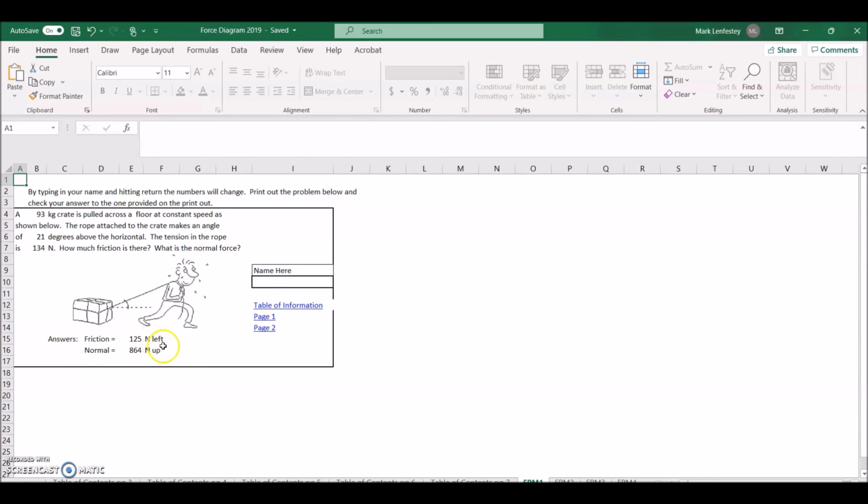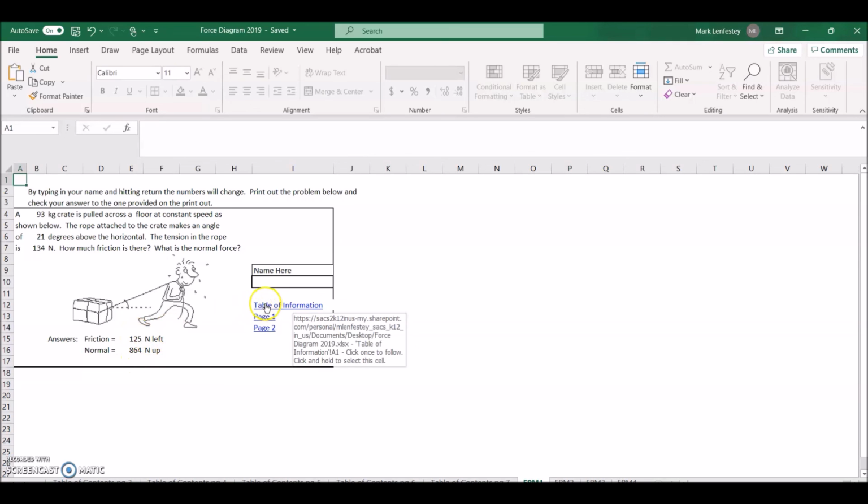I do need to caution you that, although we use 10 for figuring out the weight, like the weight of this we would say is 930, for the program I used 9.8 instead of 10. So your numbers might be slightly off, but if they're pretty close, then you probably did it right.